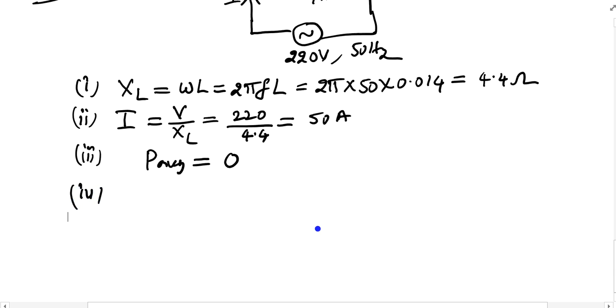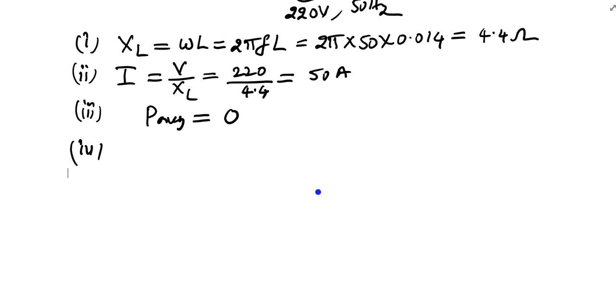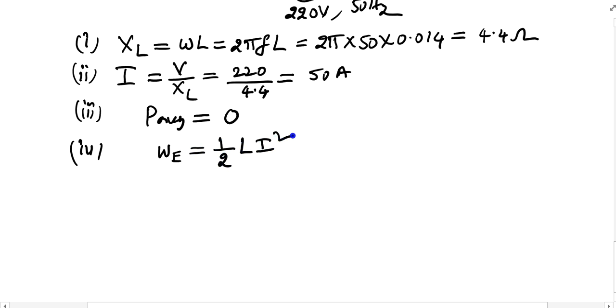And the final question is the maximum energy absorbed by the inductor. In general, the energy absorbed by the inductor, the formula you can derive, is half into L into I squared. This is the formula we have for the energy stored in an inductor. But they are asking to find the maximum energy stored. So the maximum energy stored is nothing but half into L into the maximum current.